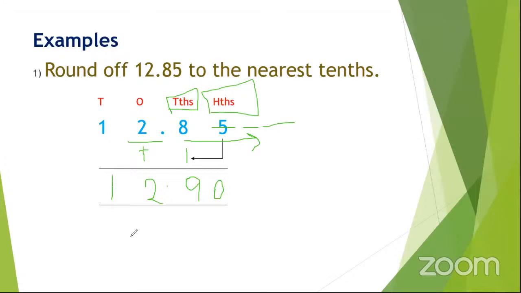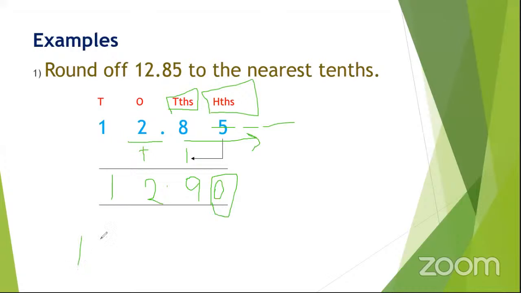Now, in this case, when you are writing the final answer, we don't have to put these zeros there because these are decimal numbers. In decimal numbers, zeros after the required place value are not written in the final answer.